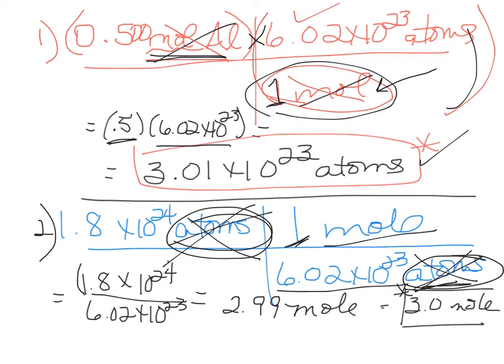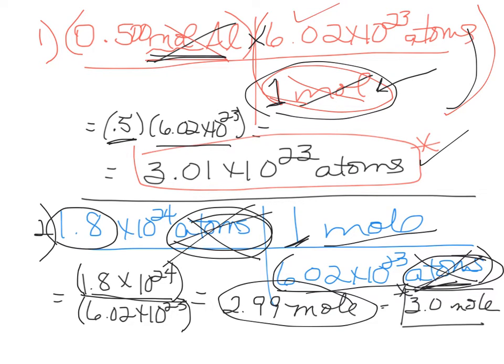So it's 1.8 times 10 to the 24 divided by 6.02 times 10 to the 23rd, which needs to stay in the denominator. So the answer to the second problem is 2.99 moles, and if you were paying attention to sig figs, 1.8 only has 2 sig figs, so the answer precisely should be stated as 3.0 moles with 2 sig figs.